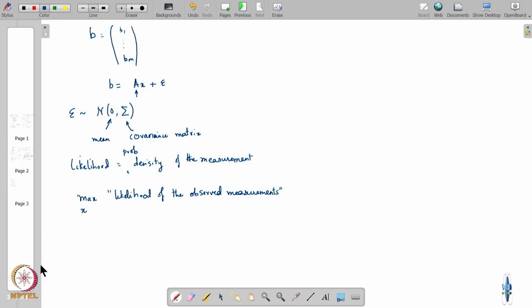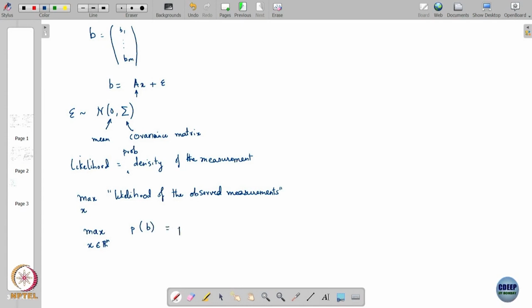So, you find the likelihood of this. Now what would that be? That would be, in this case, maximizing over x in R^n the probability density evaluated at the measurements that you have received.